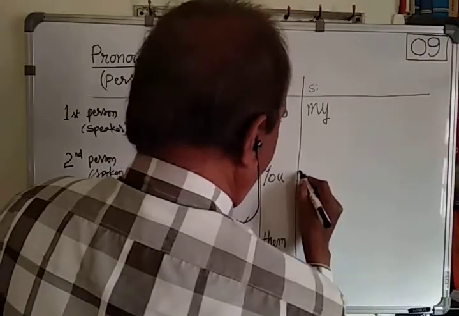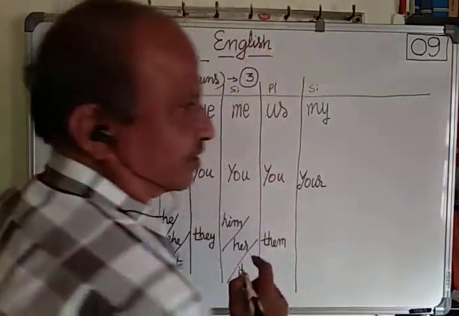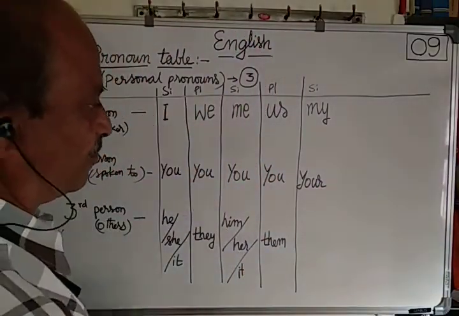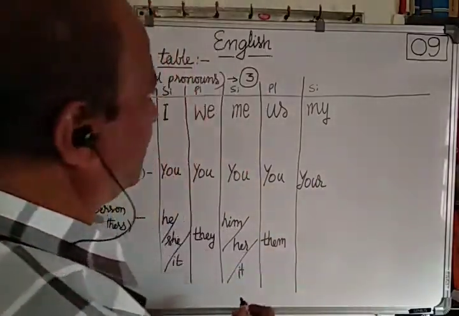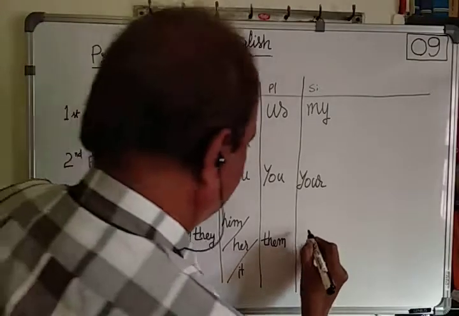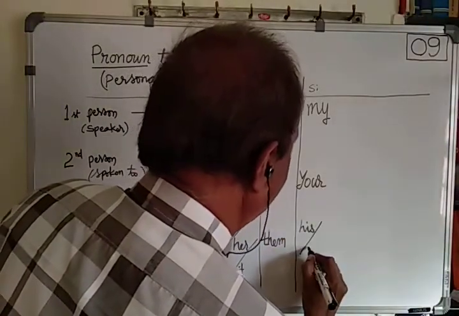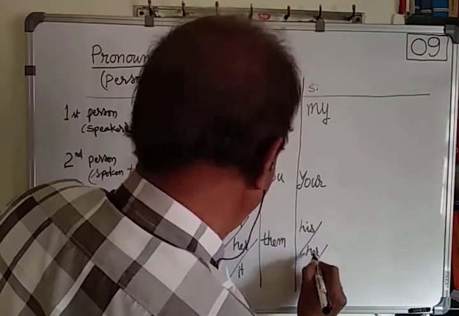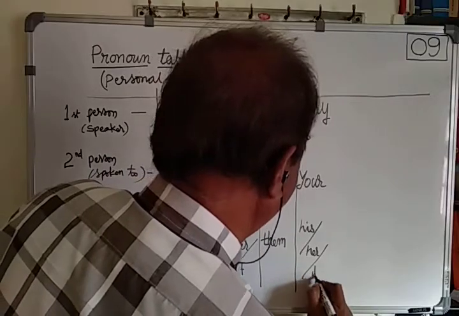Your: second person is your. In singular, your. And third person: his. If it is a girl, her. Masculine, feminine, and if it is an animal, its.